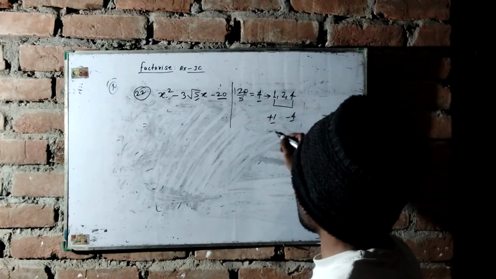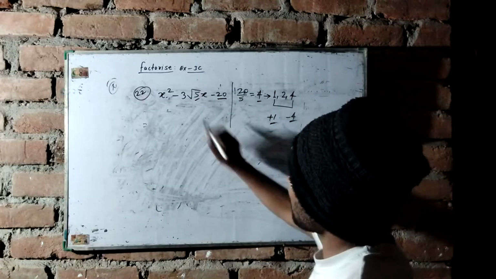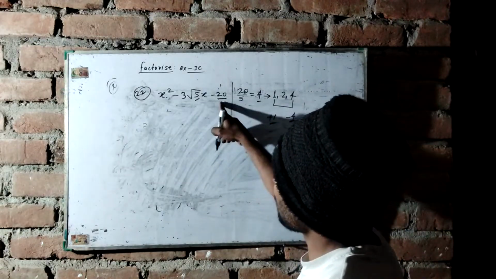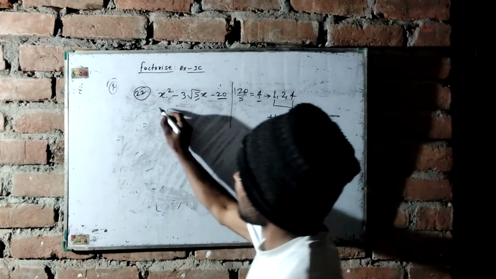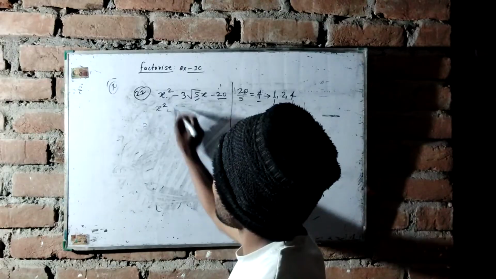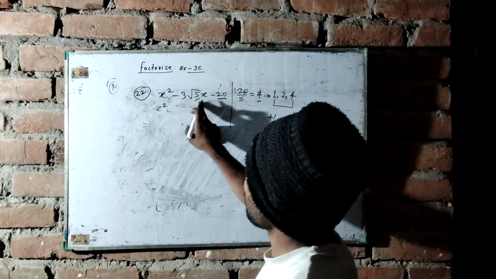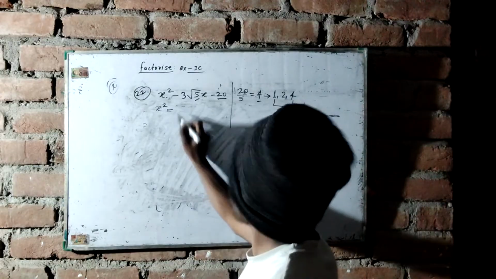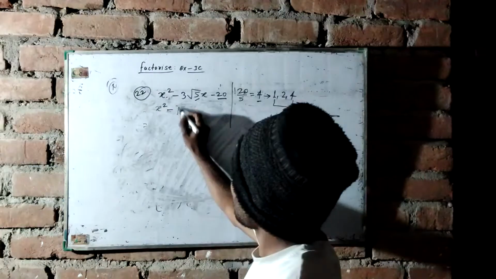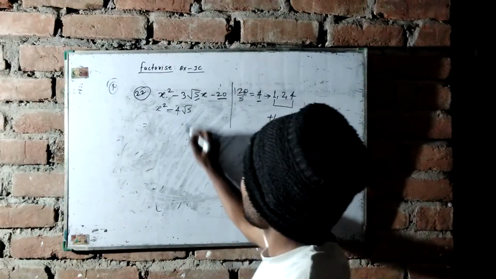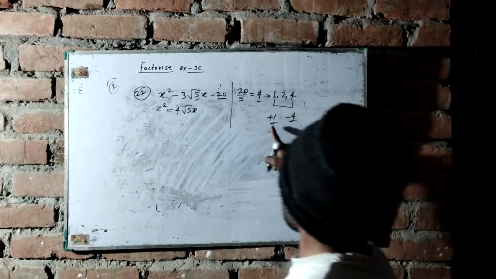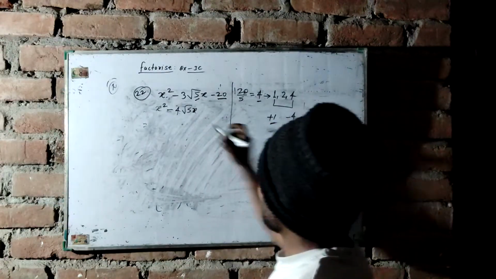The product of these numbers and these numbers will also be minus 24. So we can write this polynomial as minus 3 under root 5 written as minus 4 under root 5 x and plus 1.